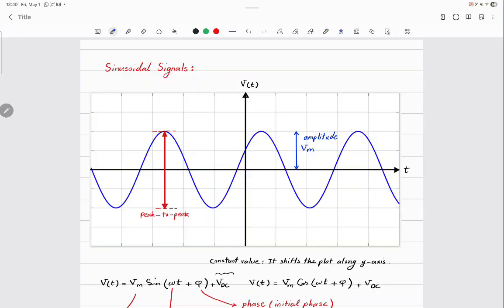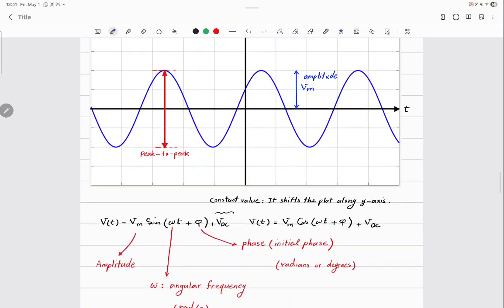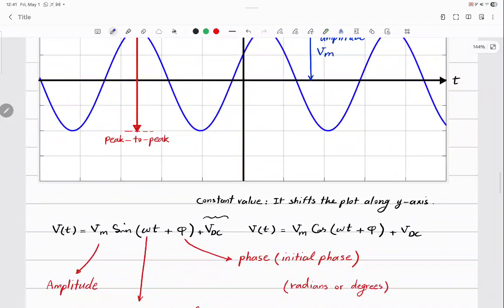If yes, tell me why. Is it time dependent? No. That's why we call it VDC. The rest of the function is time dependent. It's cosine of omega t or sine of omega t. Okay? That's why we call this constant value the DC value. It's a shift along the vertical line.